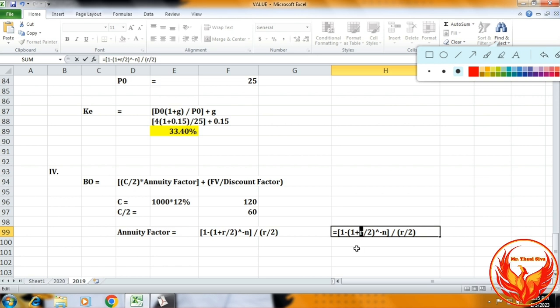Here our required rate of return is 10%, so 0.10. Number of periods, maturity period is 5 years with semi-annual payments, so the power is minus 10.